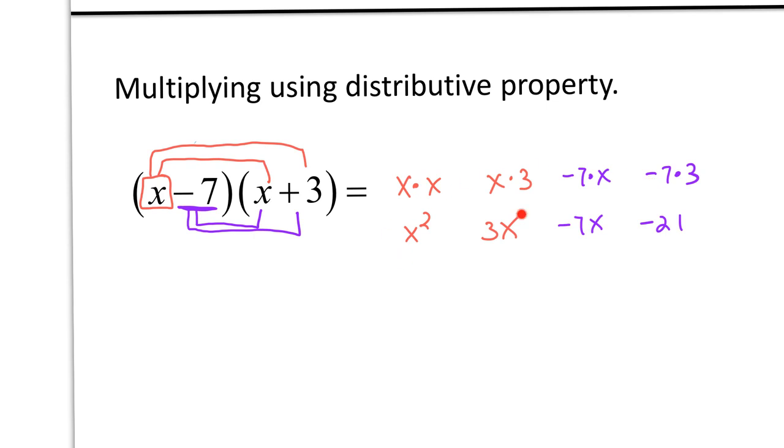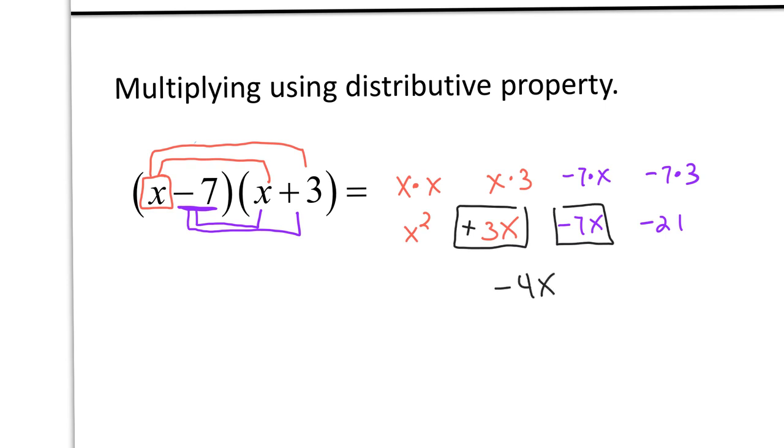We do have this term 3x and this term negative 7x to combine. If you remember, the 3x is actually a positive 3x, so I'm going to put the plus right there so you know it's positive. So we're going to combine positive 3x and negative 7x, and that's going to be negative 4x.